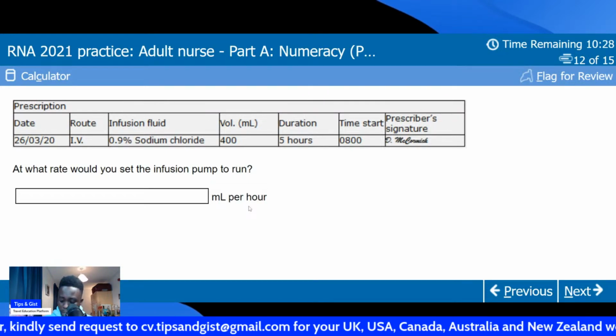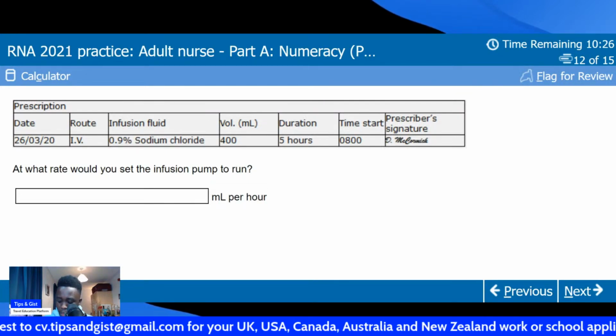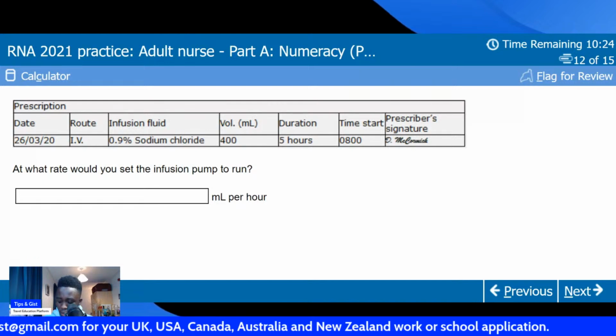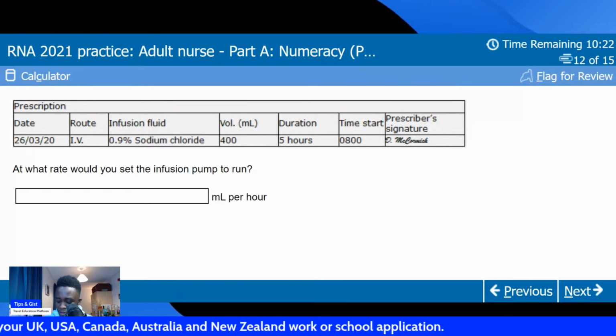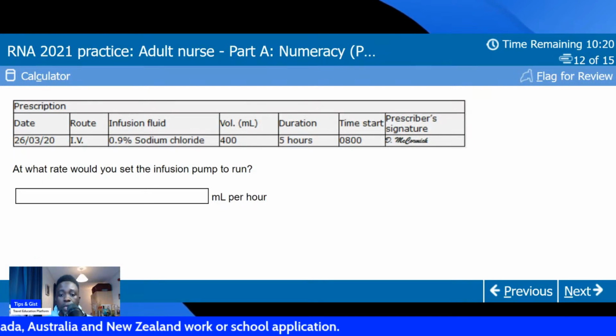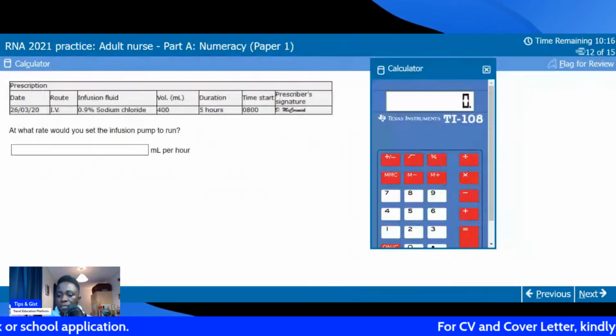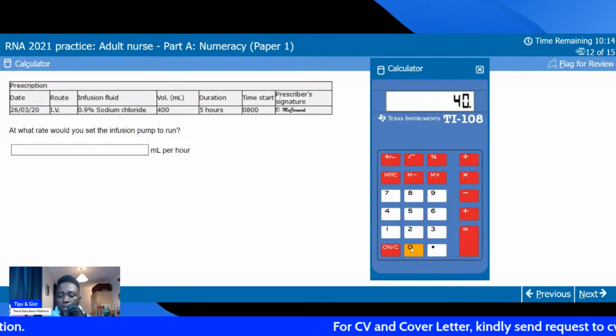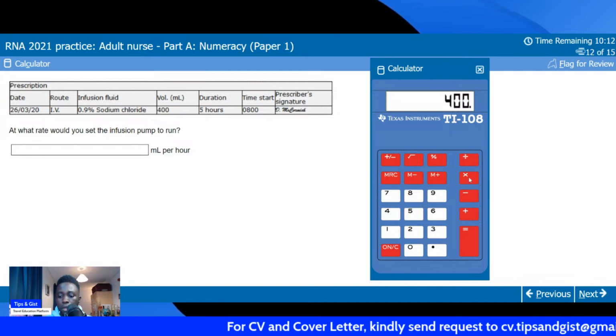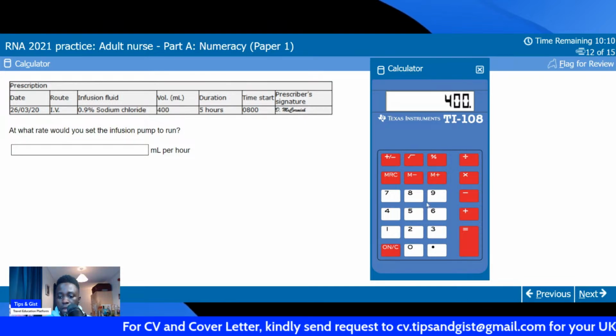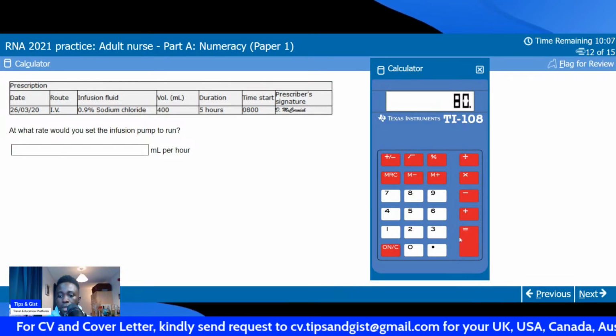Now you cross multiply, you get 400 equals 5x. So you divide both sides by 5. 400 divided by 5, you get what? Use your calculator. 400 divided by 5, you get 80.